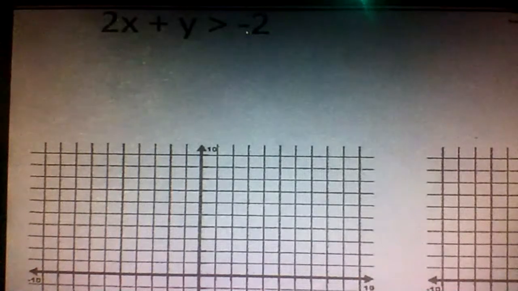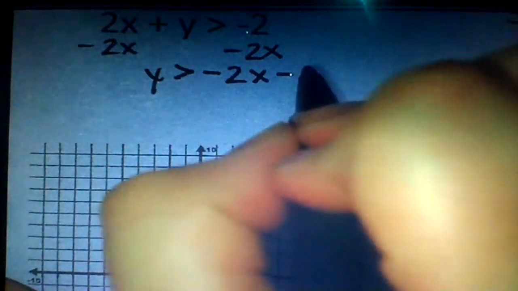Okay, 2x plus y is greater than negative 2. How do I get y by itself? Subtract 2x. So y is greater than negative 2x minus 2.